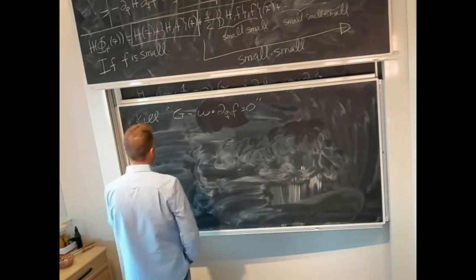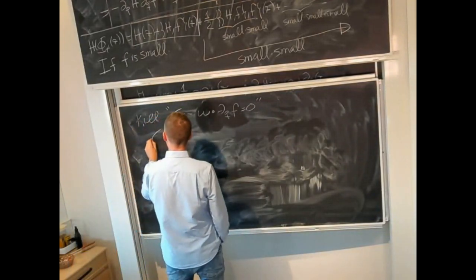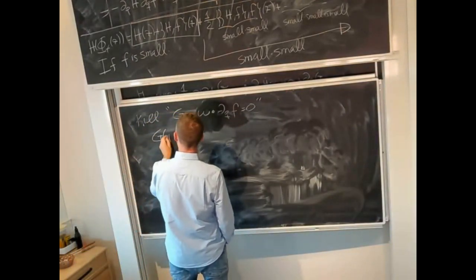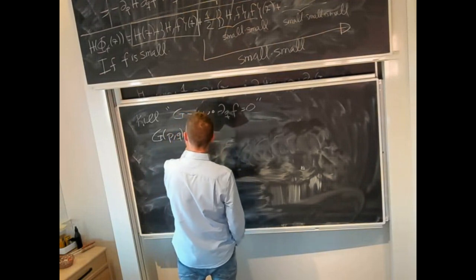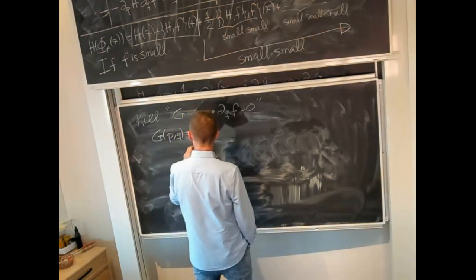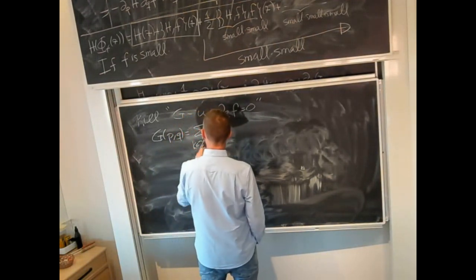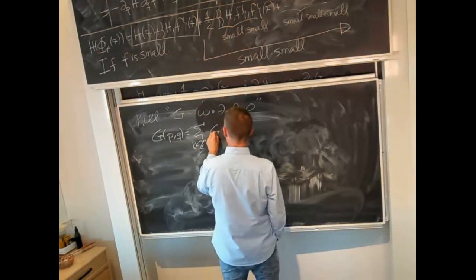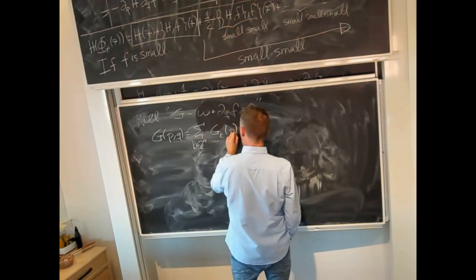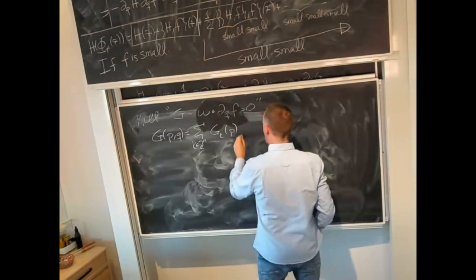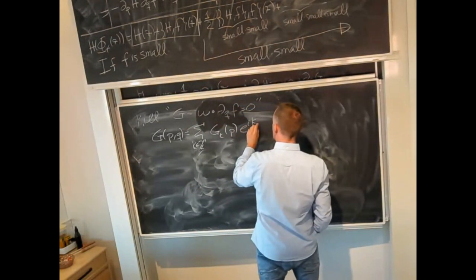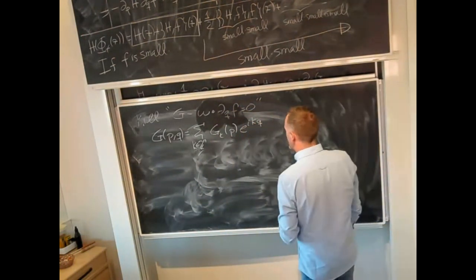Let's see. g of p, q can be expanded in Fourier-Taylor coefficients, in this form.